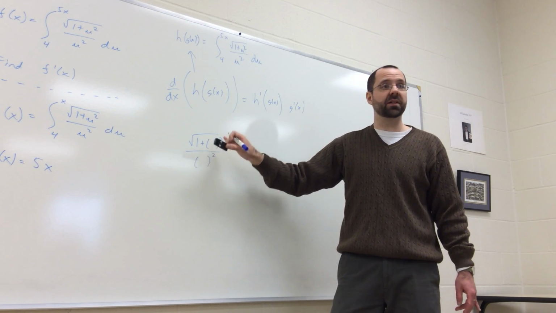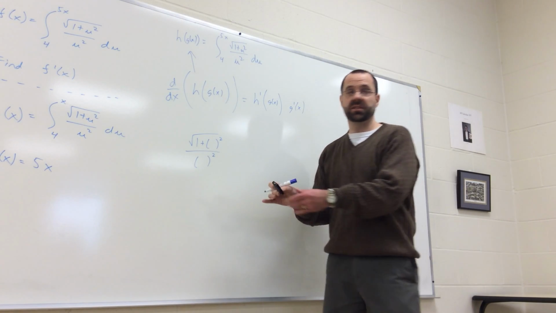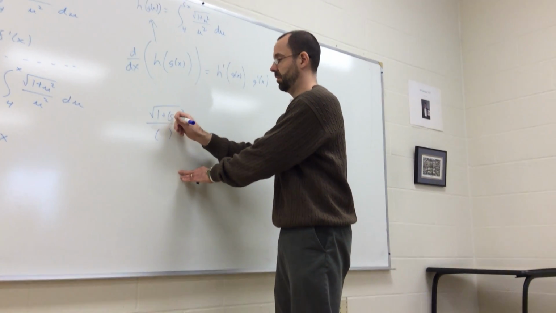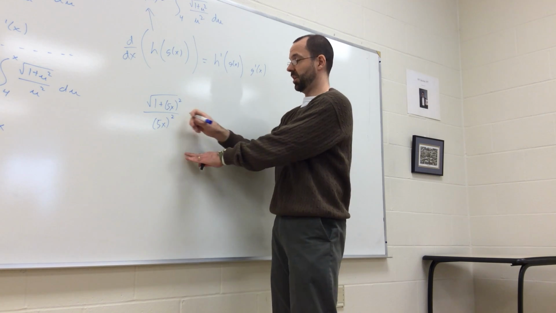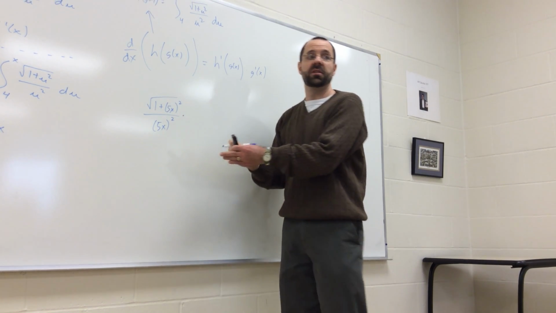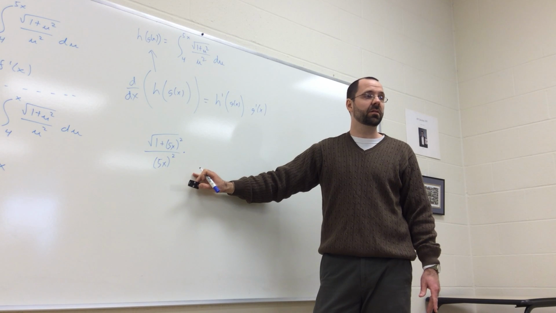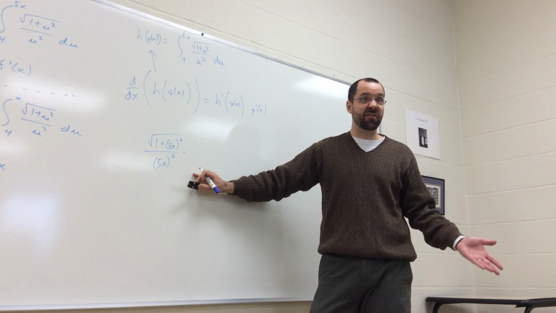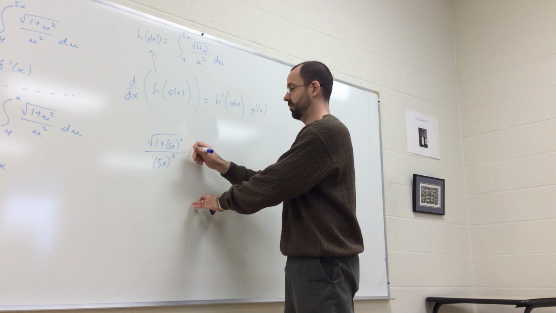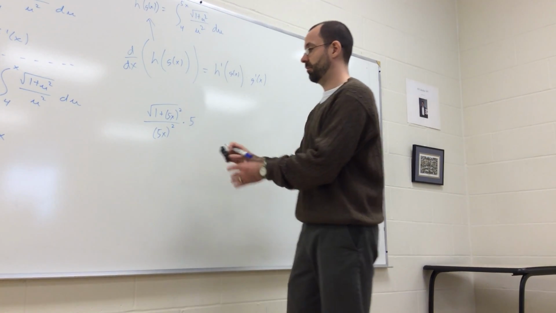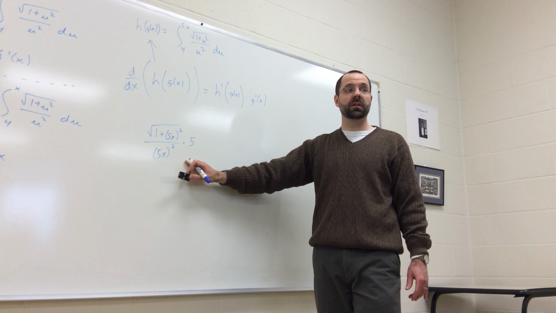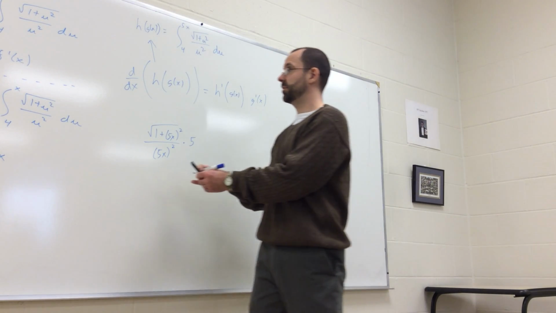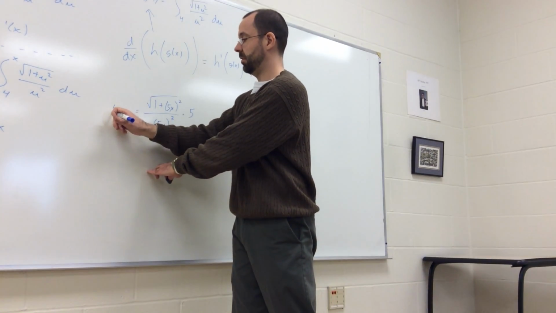So what do I plug into this? 5x is the inside function, awesome. And then to finish out the chain rule, I need to multiply by the derivative of the inside, which is 5. Everybody okay? So that is f prime.